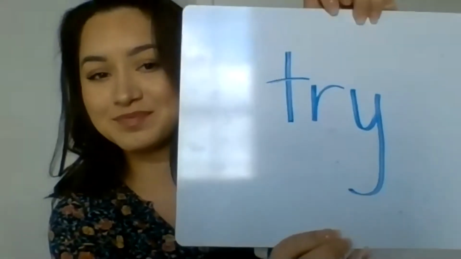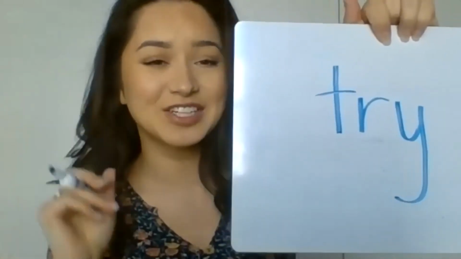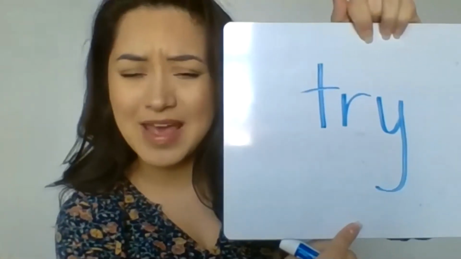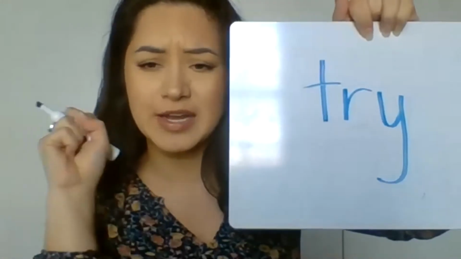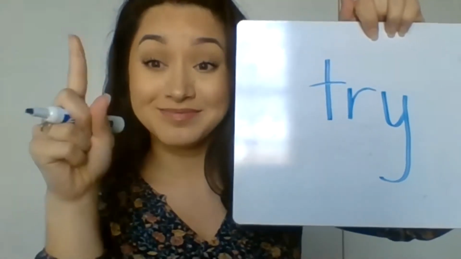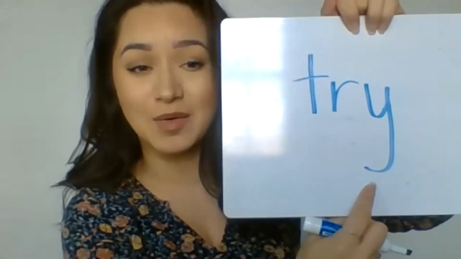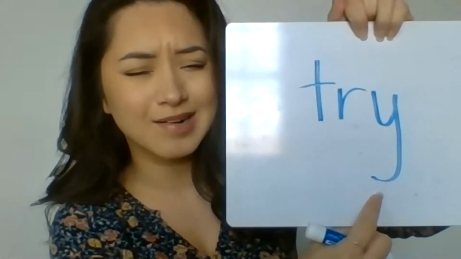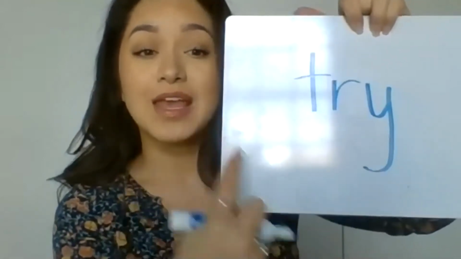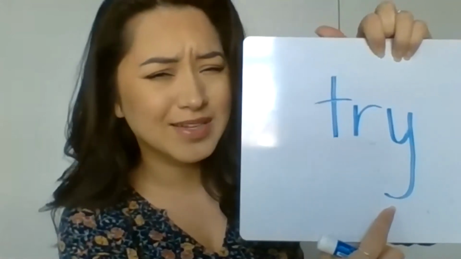I would like you to read this word out loud. What word is it? Try. Good. How many vowels do I have in this word? Show me on your hands. How many vowels? One. I have the one vowel, and my vowel is the Y. Remember, Y can act as a vowel. If my Y is at the end of a one-syllable word, what is my Y going to say?